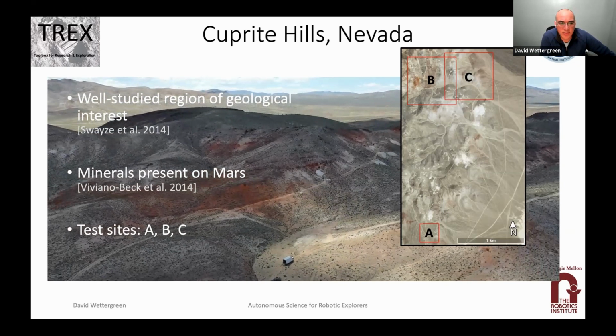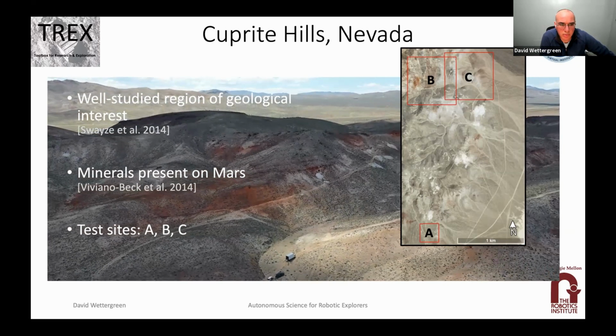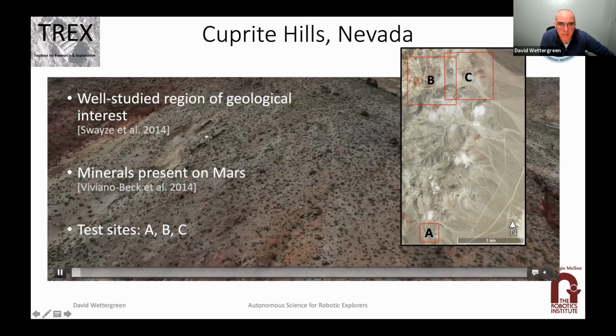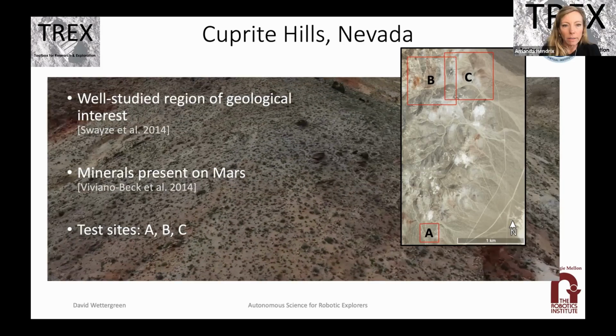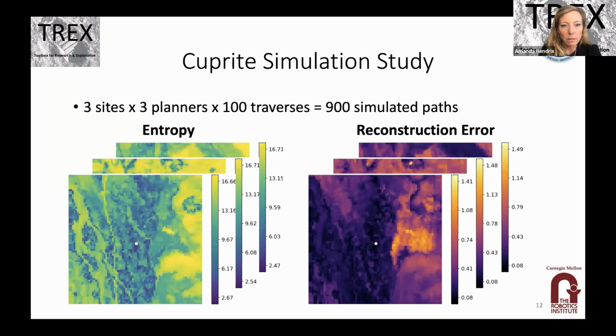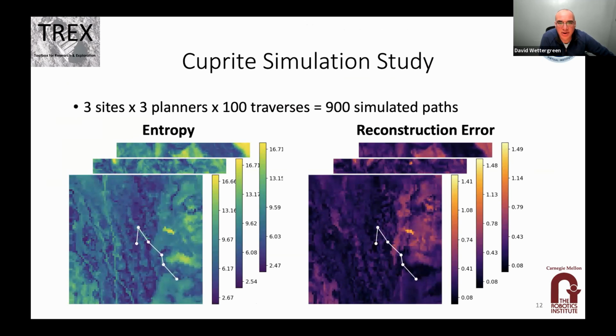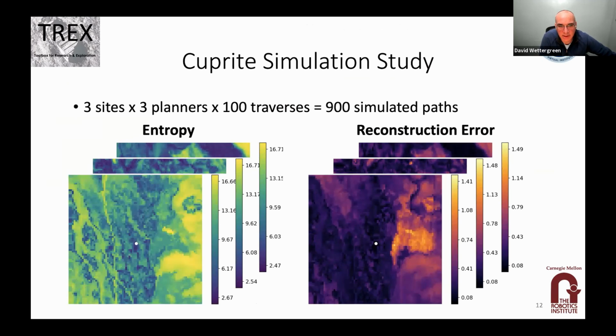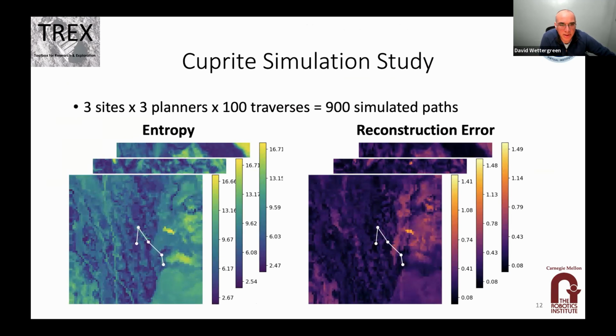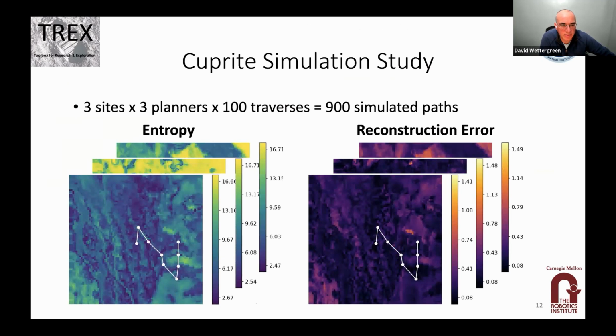The first thing we did was run about 100 different possible traverses, so 100 starting places, 100 end, well, not goal locations, but distances of travel through the site.